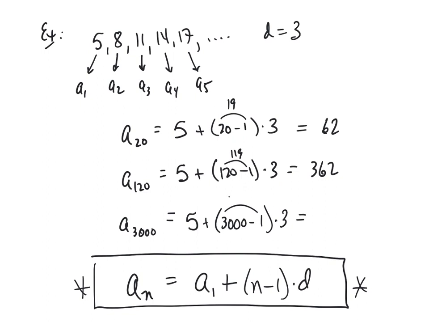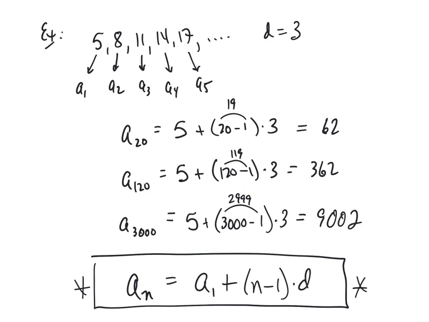So 3,000 minus 1 is 2,999. 2,999 times 3 is 8,997, and then add 5. And our 3,000th term is 9,002. Let me clean that up a little bit so it's easier to see. Use a little deluxe eraser action there. So what we'd have then is 9,002.